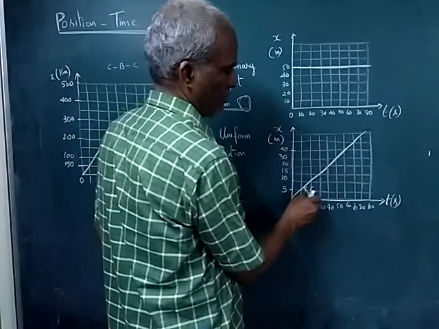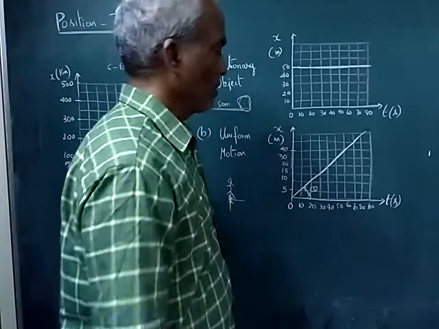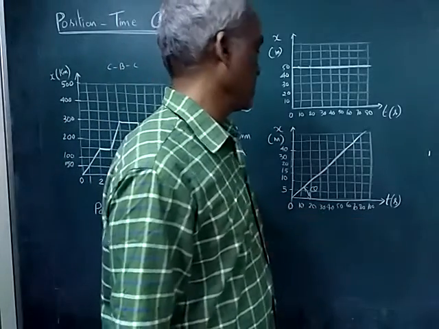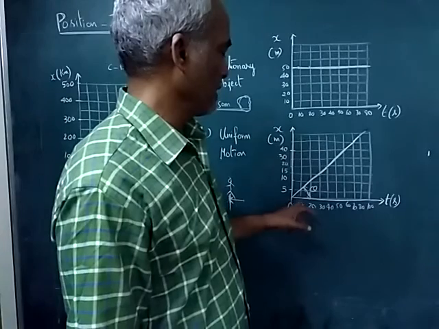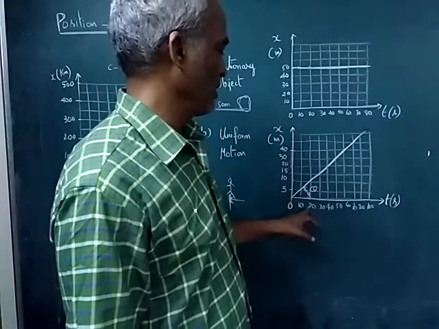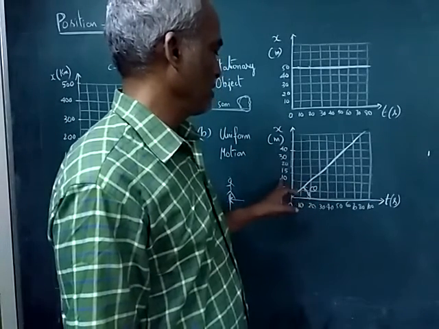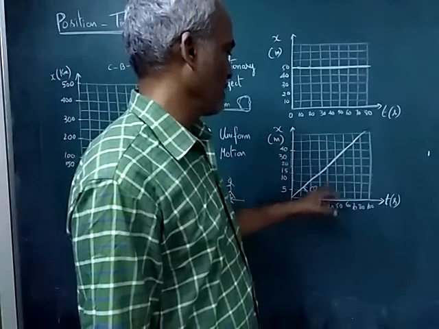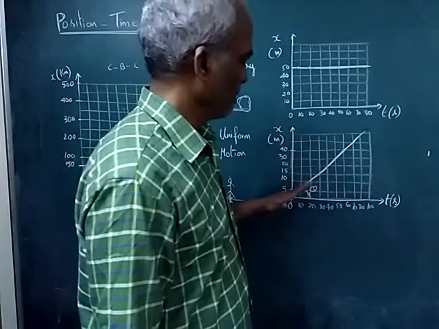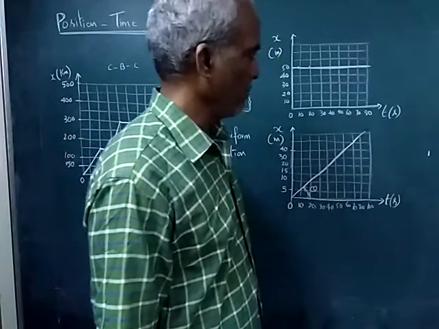This theta value is a constant angle. In this case we see a uniform motion. For example, 10 seconds 5 meters, 20 seconds 10 meters, 30 seconds 15 meters, 40 seconds 20 meters. That means it is a straight line.